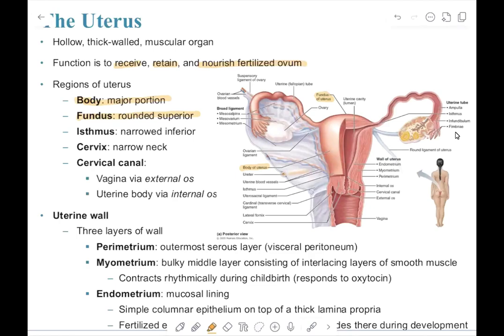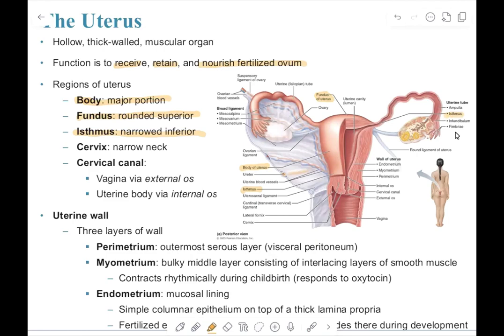The isthmus is the narrowed inferior region. So notice that the isthmus of the uterus is right here, but there's also an isthmus of the uterine tube, which is kind of the distal end of it. So be aware that there are two different isthmuses.